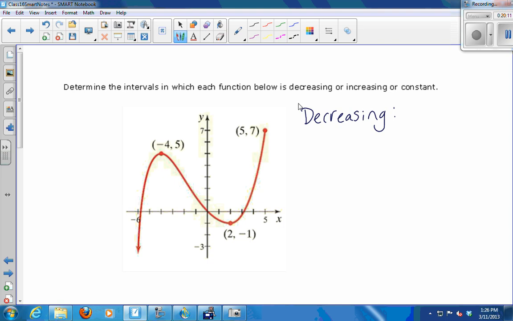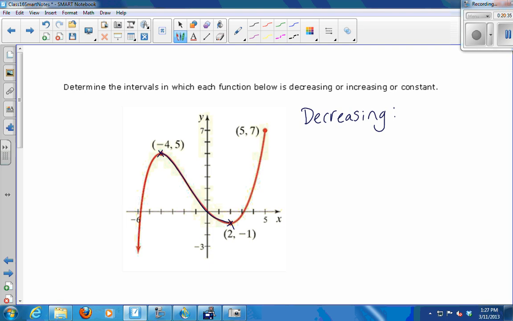Okay, so let's start with decreasing. So this function is decreasing. You read it from left to right. It's decreasing when you're going downhill. So from this point to this point, the function's decreasing, right? The way you give locations, if you're dealing with a function, you only give the x as the location because it's assumed that the reader could figure out the y if they wanted to, because it's a function.